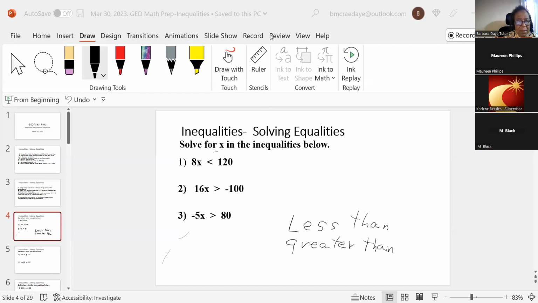Okay, now somebody sent me something. Maureen, you know the difference between greater and less than? So this symbol right here, is that greater or less? Right here, number 1. See the cursor? Is that a less than or greater than?